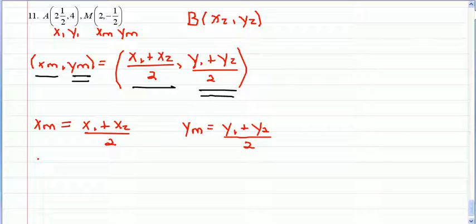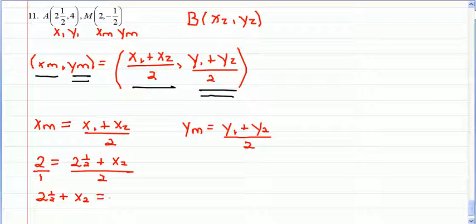And our x sub m is positive 2, x sub 1 is 2.5. We're adding this to x sub 2 and dividing by 2. So when I put this 2 over 1 and cross multiply, I have 2.5 plus x sub 2 equals 4.